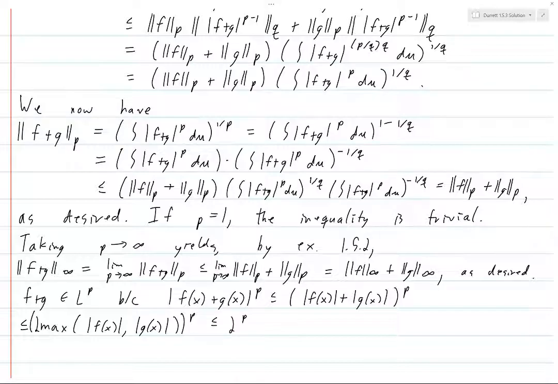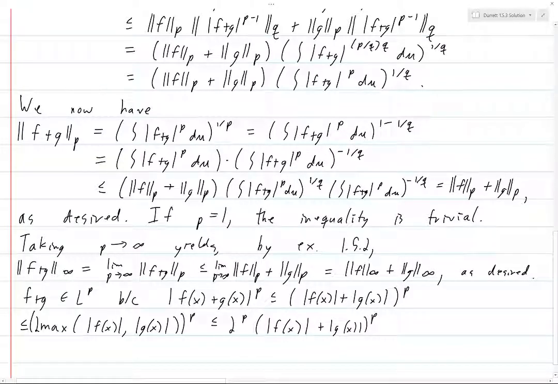Now if we look at this, taking the largest one is certainly going to be less than or equal to taking both of them and adding them together, because these are just two positive numbers. So what we end up with is we can just write this as f of x plus g of x to the p.